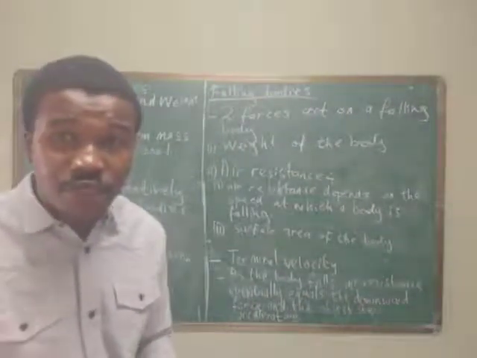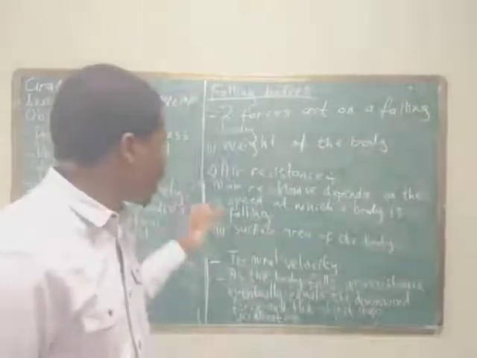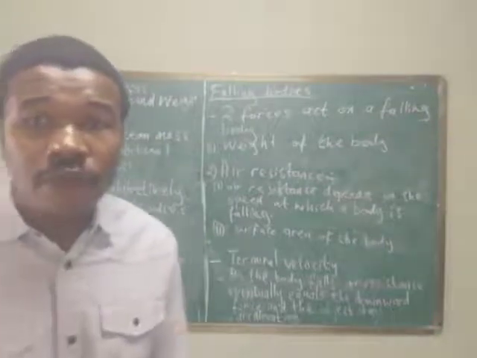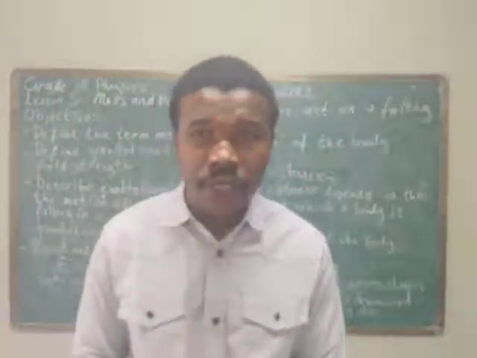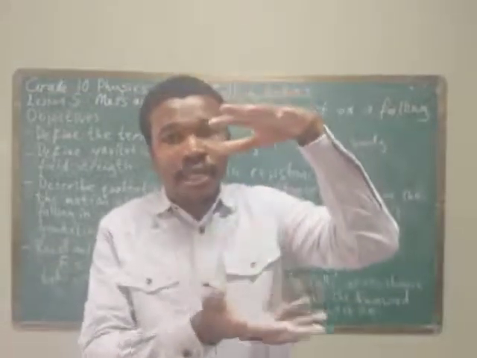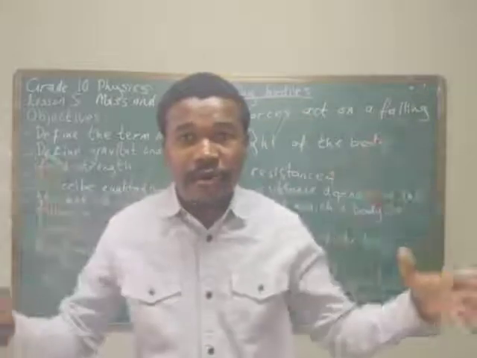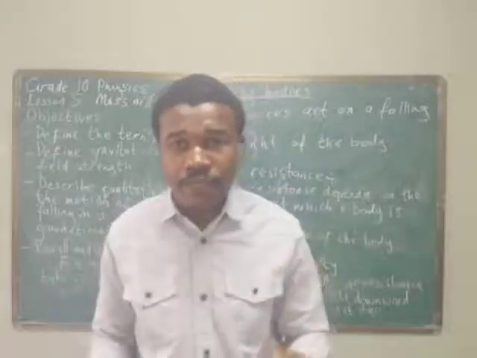The faster the body moves, the more the air resistance is. Also the surface area of the body: if there's a greater surface area, there's going to be a greater air resistance, because now there's a bigger area for the particles to catch this falling body.